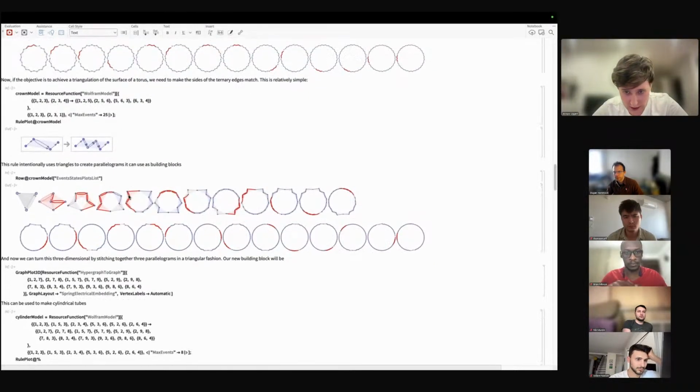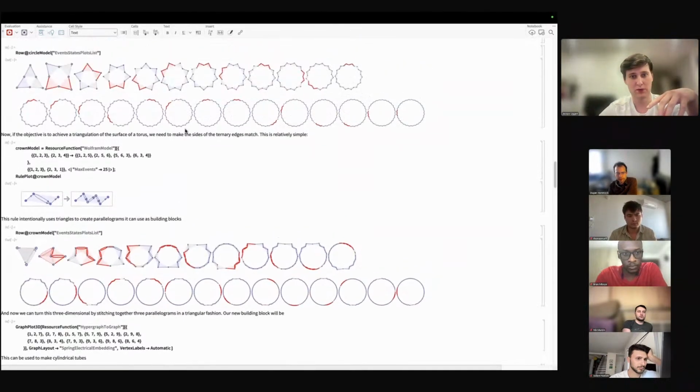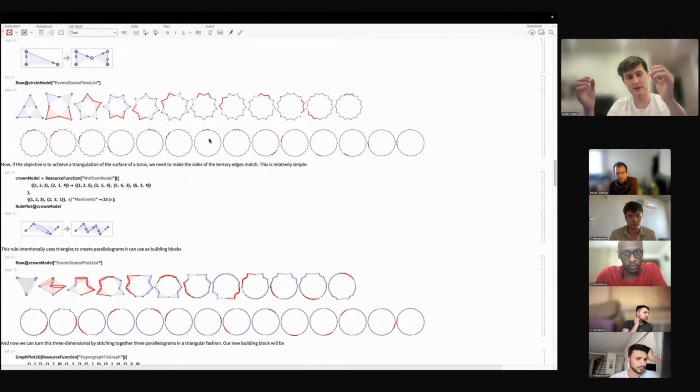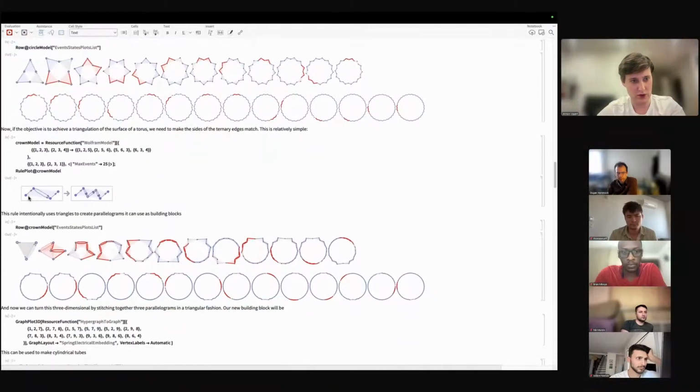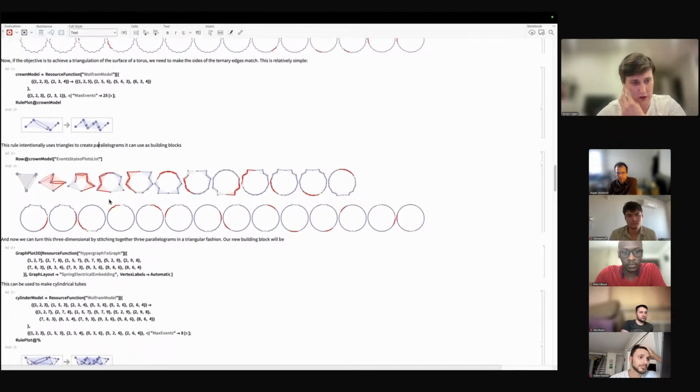The next step is to build using these parallelograms, since I want to apply the rule to something that has closed initial conditions. Instead of adding to the edge, I want to split an edge into two. I'm using this parallelogram as a single element and then splitting it into two.